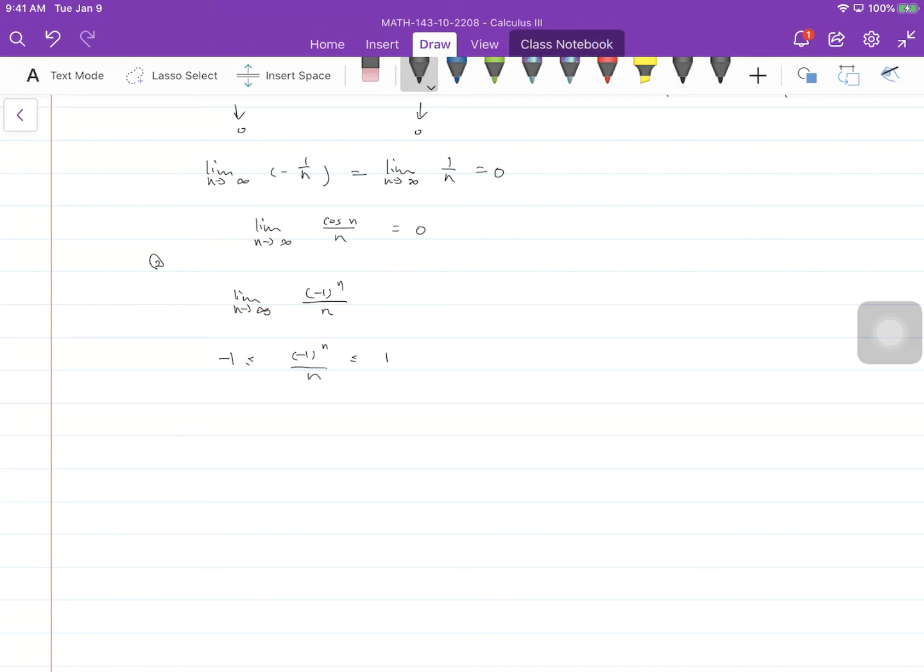And divide by n, divide by n, divide by n. Same thing, they both go to 0. So you can just write down the final conclusion. The limit is also 0. Okay, even though it's alternating, because the denominator goes to infinity, no matter what the top is, the limit is still 0.